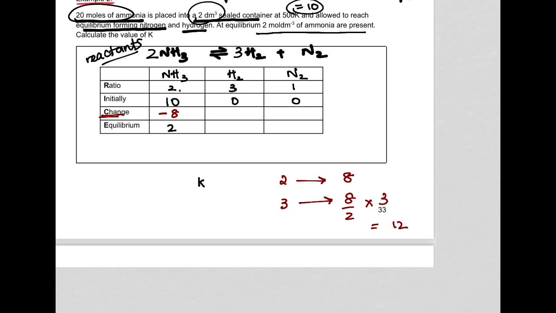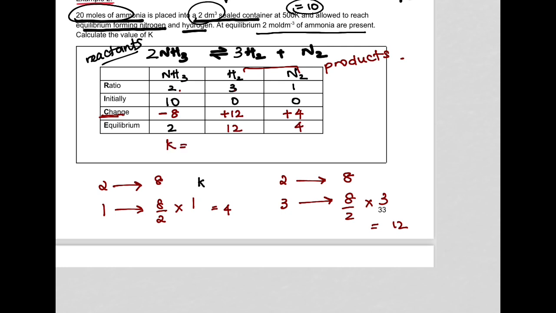Because these are products, they will increase, so this is going to be plus 12. Now nitrogen: 2 corresponds to 8, so 1 nitrogen will correspond to 8/2 times 1. So that's 4, a change of plus 4. So 0 plus 12, that's 12. 0 plus 4, that's 4.